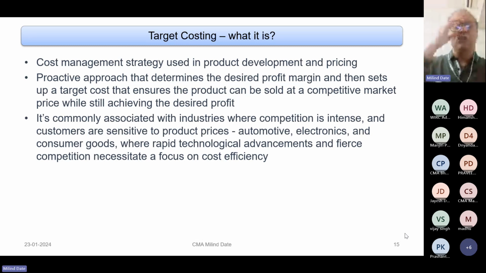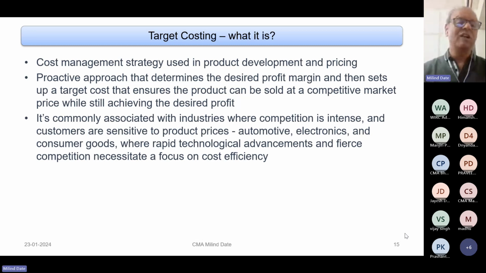Take the automotive sector, electronic products, consumer goods. Rapid technological advancements and fierce competition are the two reasons which make it mandatory for companies to focus on cost efficiency and operate within what is called the target cost.